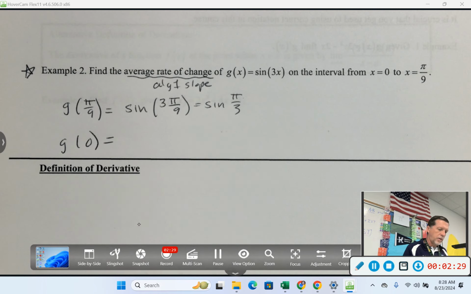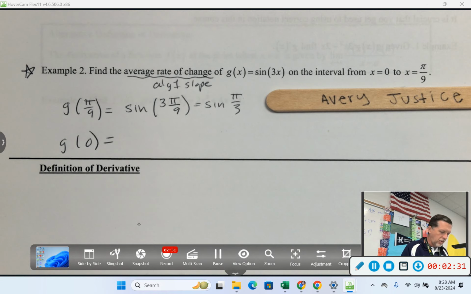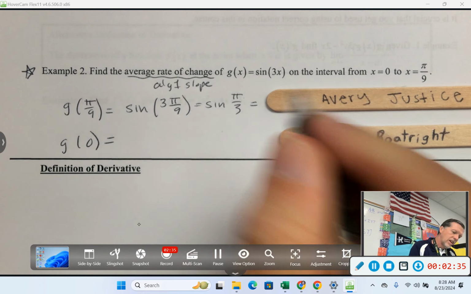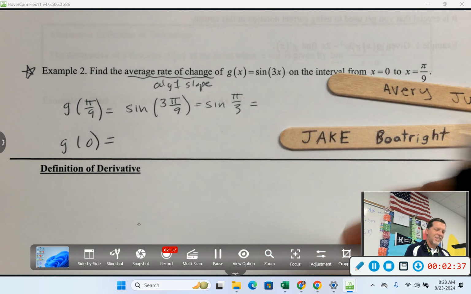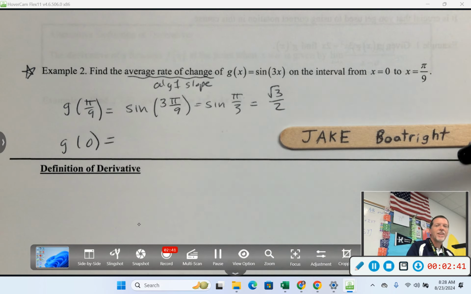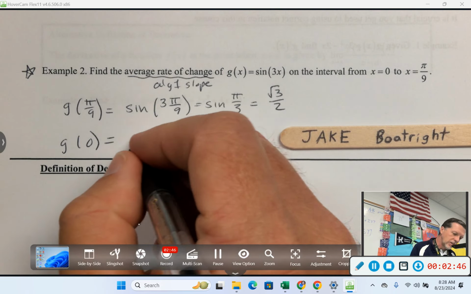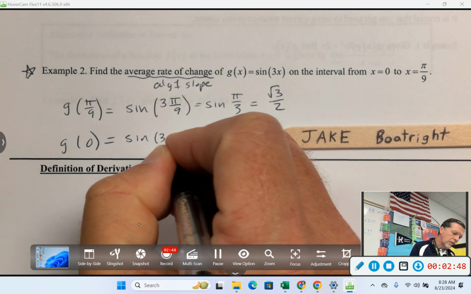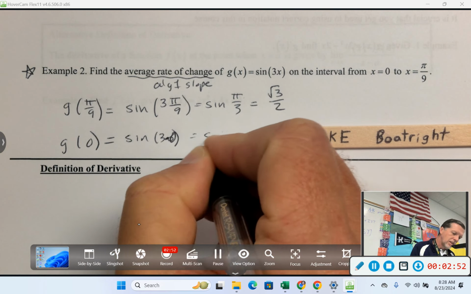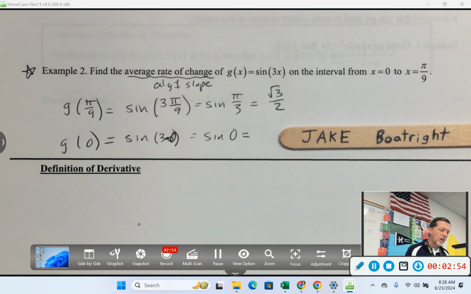Everybody knows the sine of pi over 3, but Avery especially knows the sine of pi over 3. Yes, she knows it faster than I know it. And then g of 0, so we'll plug 0 in. Sine of 3 times 0, not the sine of 30 because that would be different. So the sine of 0, and Jake knows that the sine of 0 is 0.